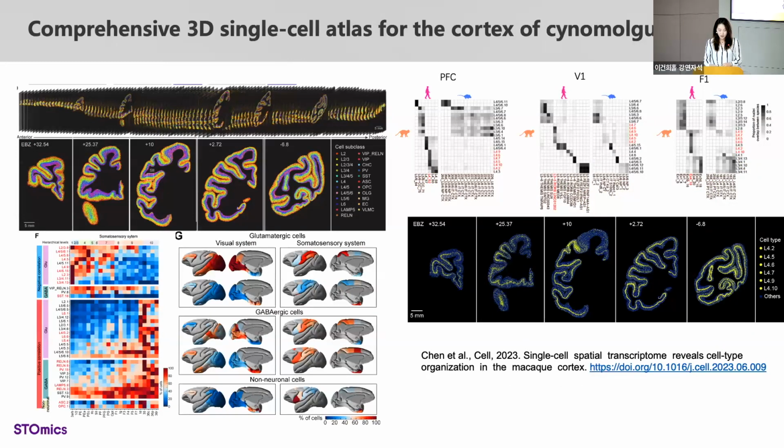And lastly, they were also able to do cross species analysis. They evaluated the cortex of the human, the mouse, and also the monkey. The analysis revealed the primate specific markers and cell types enriched in a specific layer, and their marker genes expressed in a region-dependent manner as well.